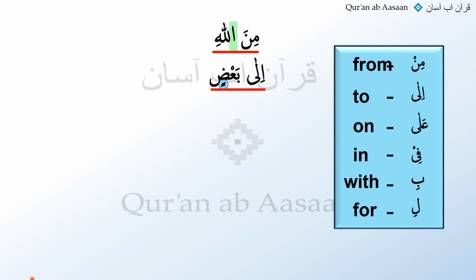If you don't know, you can say to some ba'd, but actually, or to a ba'd. But ba'din means actually some, so to some. Yeah. And what about this? Ala hudan, on a hudan, on a guidance. Hudan is guidance, so on a guidance.